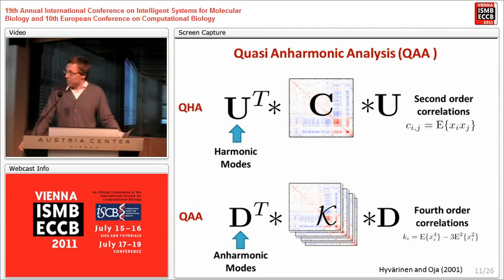Mathematically, it means that instead of diagonalizing the covariance matrix, we diagonalize a 4th-order tensor. And we end up with, instead of the harmonic modes, which I'm depicting here as U, the anharmonic modes, which I'm depicting as D. We can now project the trajectory that we saw into that subspace and see if we can interpret the subspaces in a useful way.